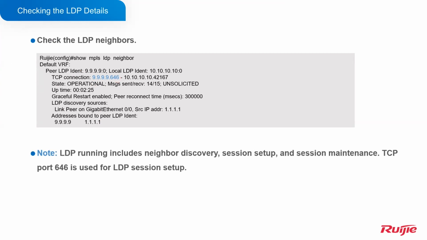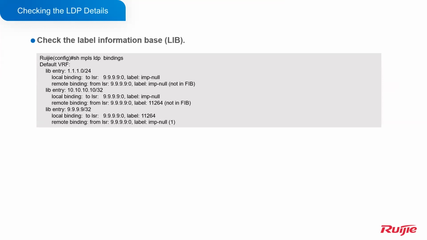And another, you can also check your MPLS LDP bindings. This one is very important. For your LDP, your FEC 1.1.1.0 and the other segments, you have already distributed the label for the network devices.